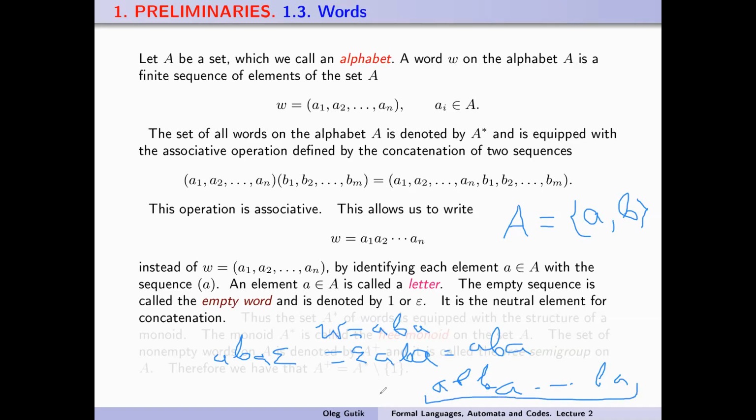A consists of the letters a small and b small, and all words in our case have such a form, where I identify the word with the letter A or B in this formula. Good.